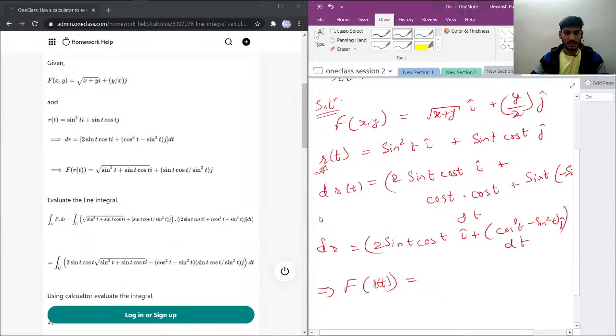So we'll just put this and we will have square root of sine square t plus sine t cosine t I cap, and then plus, this was y over x, so we have sine t cosine t over sine square t, and this will be j cap.